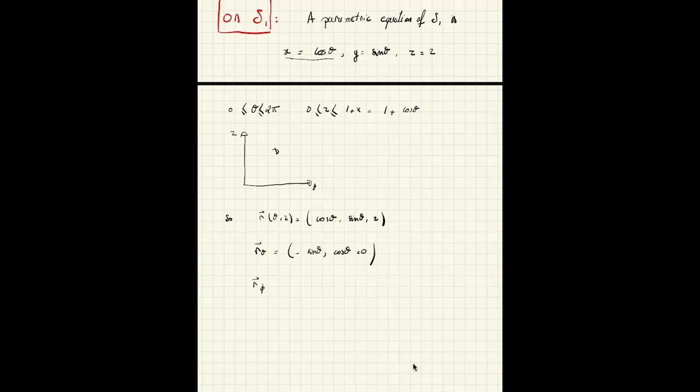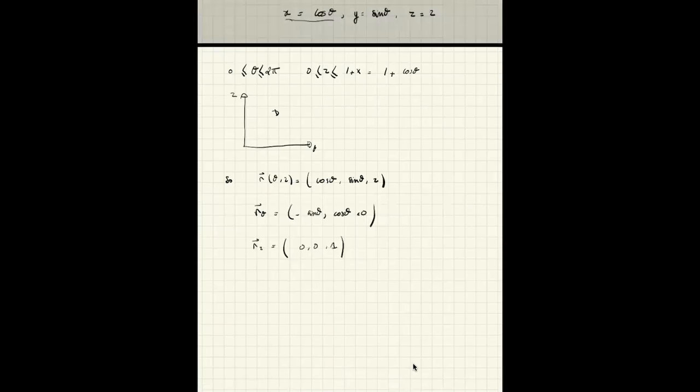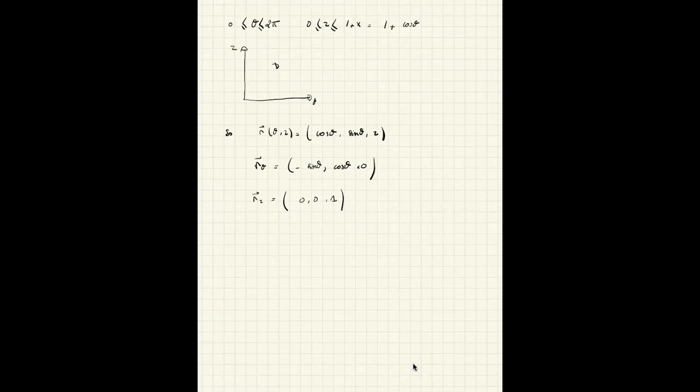And r z is 0, 0, 1. Okay. So r theta times r z, I'm gonna let you do the calculation. It's supposed to give you cos theta, or look at my notes if you want.